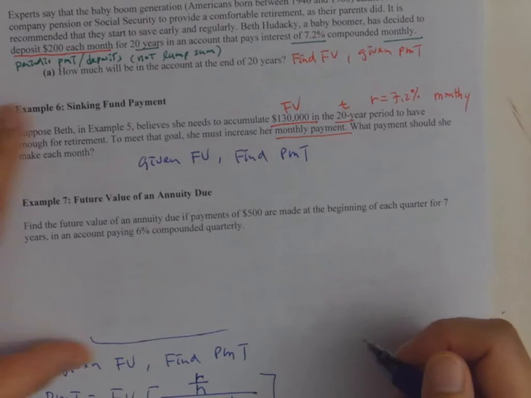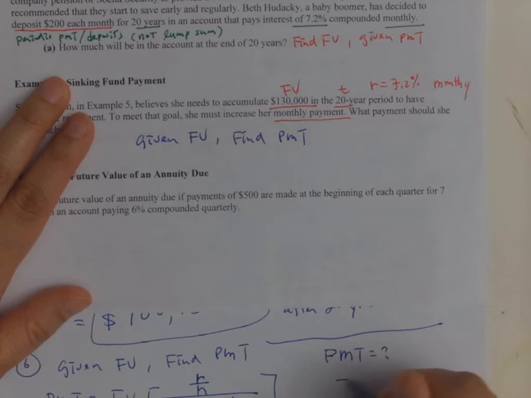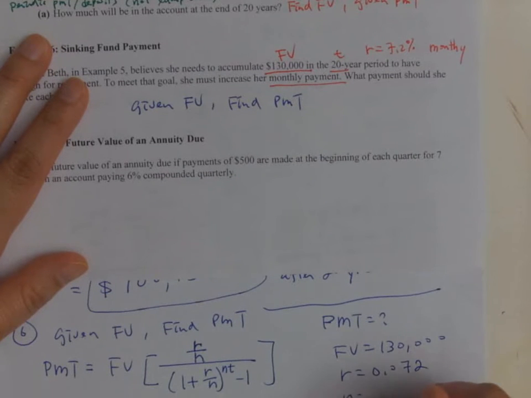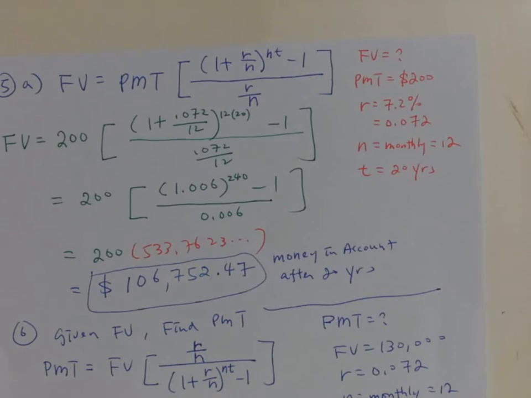So we replace the things we know. We don't know payment, right? Future value is 130,000. R is 0.072, just like the last question. N is 12 because it's monthly. And T is still 20 years. So what I want you to do is pause the video and try to plug it in.